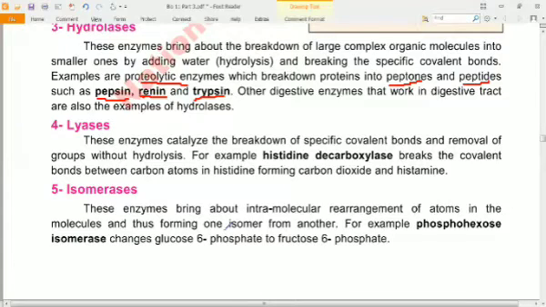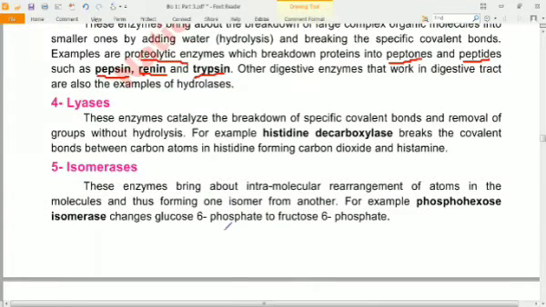If we see lyases, these enzymes catalyze the breakdown of specific covalent bonds, and they remove bonds, atoms, or groups from complex molecules, but without hydrolysis. In hydrolysis, water is added and the larger molecules are broken down, but lyases break covalent bonds without hydrolysis.